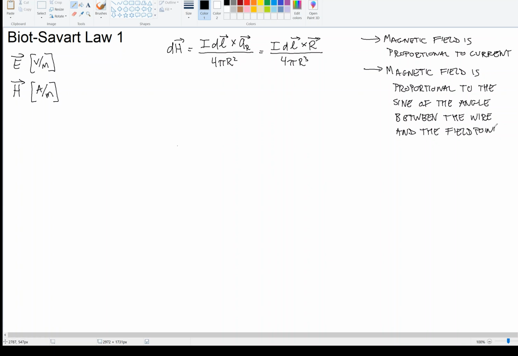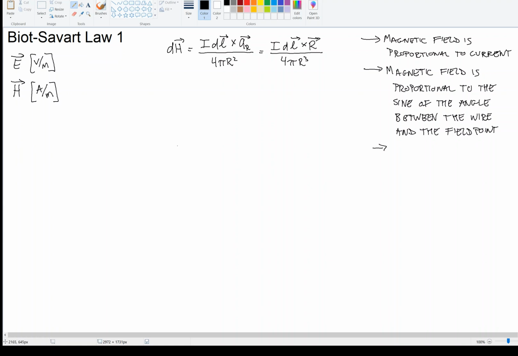Okay, so how do I know that? I don't see any sine here in this equation. Well, remember the cross product? The cross product of dl with ar is the length of dl times the length of the unit vector, which is 1, times the sine of the angle in between dl and ar. So that's where the sine comes from.